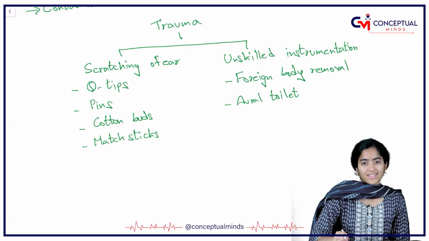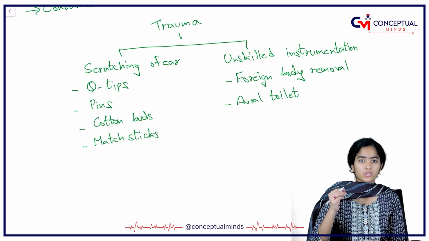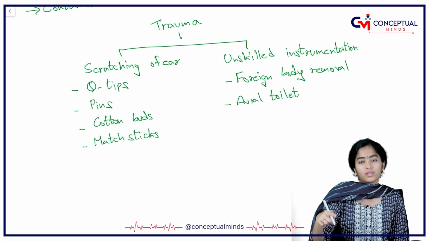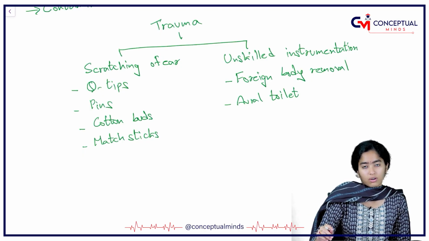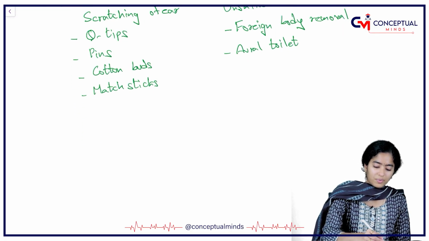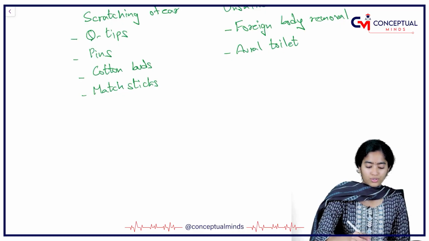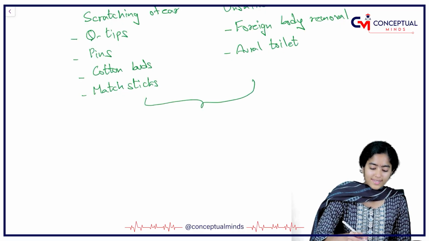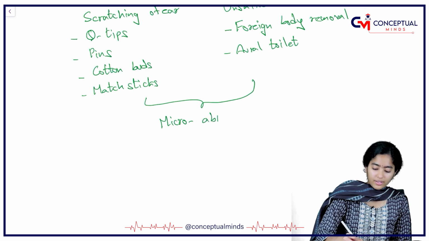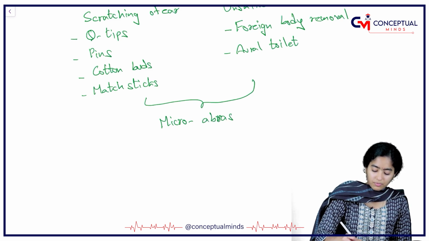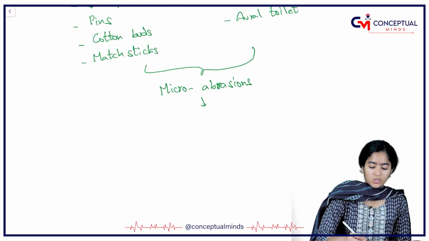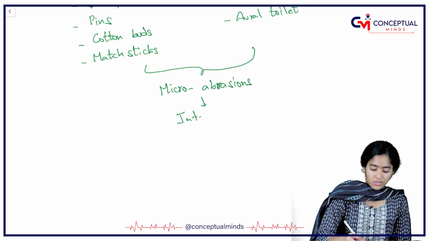During these procedures, they introduce instruments, and if the doctor is not skilled enough, he can cause microabrasions in the skin of the external auditory canal. So these things by the patient or by the doctor will finally cause microabrasions, raw areas, and these raw areas will predispose to infections.